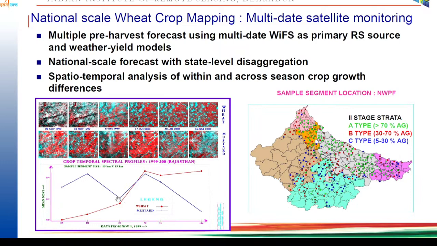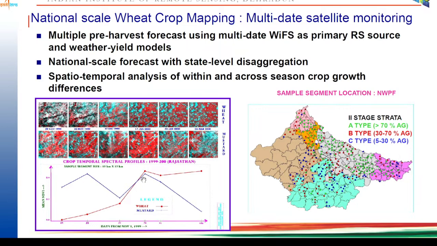Then when this mustard crop turns yellow during the flowering stage, the flower doesn't have chlorophyll. As a result, leaf area index or green area index comes down, so its NDVI, normalized difference vegetation index, comes down. Again, those flowers turn into pods, and pods are green, which contain more chlorophyll.